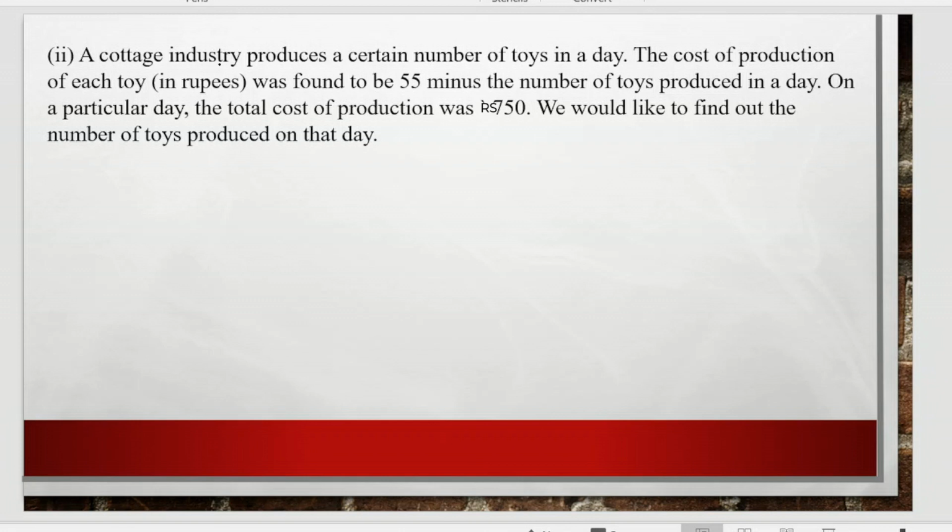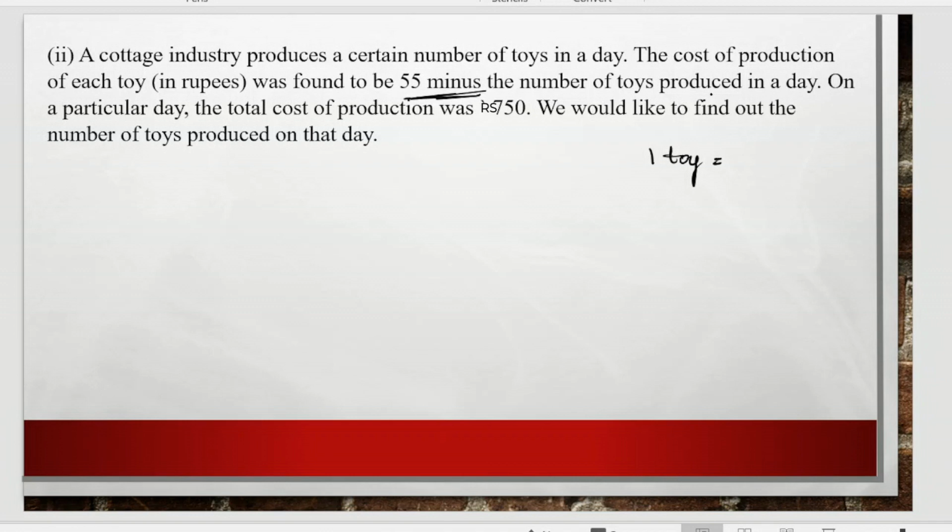A cottage industry produces a certain number of toys in a day. So we have a cottage industry which produces toys. Now they're talking about the cost of production of each toy. The cost of production of each toy was found to be 55 minus the number of toys produced in a day.